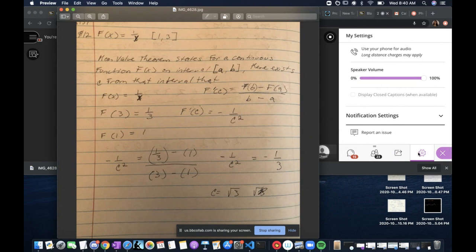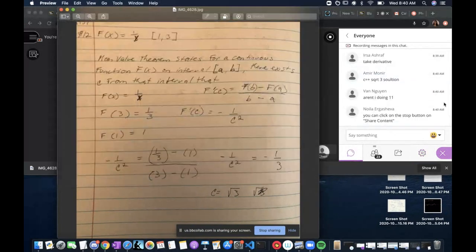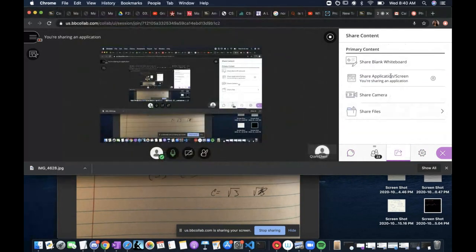I don't know how to do that actually. Okay, Vaughn is doing 11. Then Share content. You see you have a circle. Do you see this circle with a square? Oh, gotcha. Thank you.